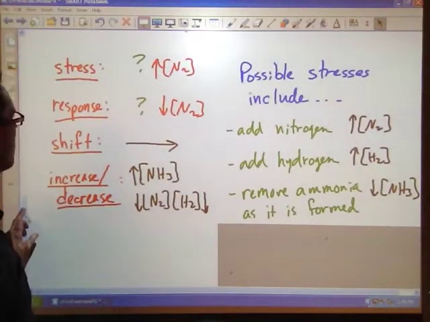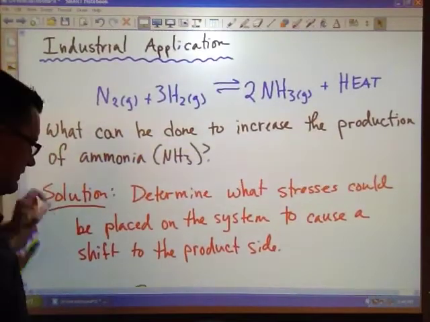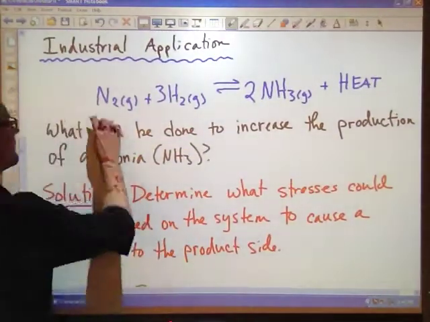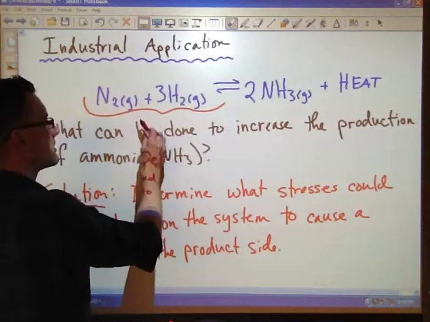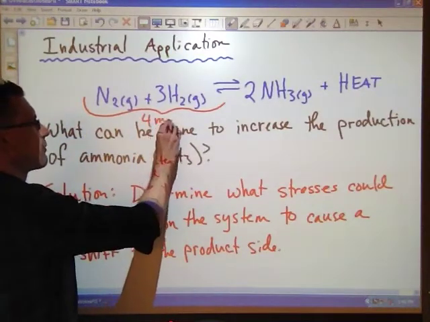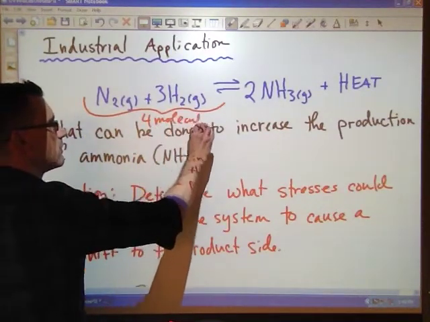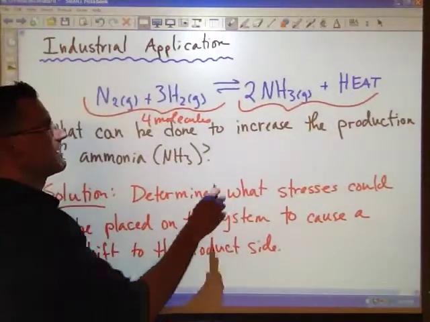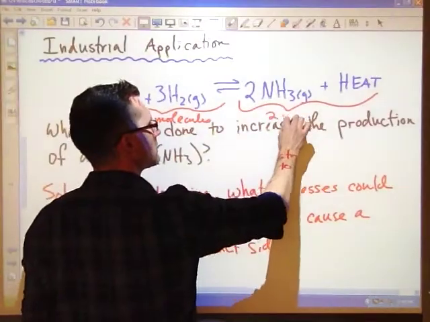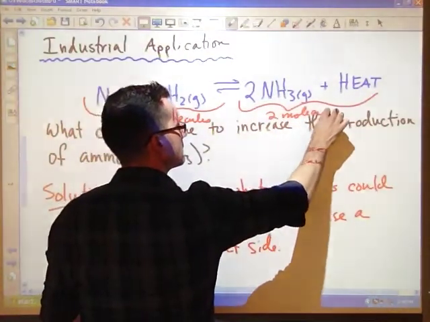In terms of pressure, if we go back up to here, let's check out what we have. On this side, we have 1 nitrogen molecule and 3 hydrogen molecules, so a total of 4 gas molecules. And over on the right, we have 2 molecules of ammonia.